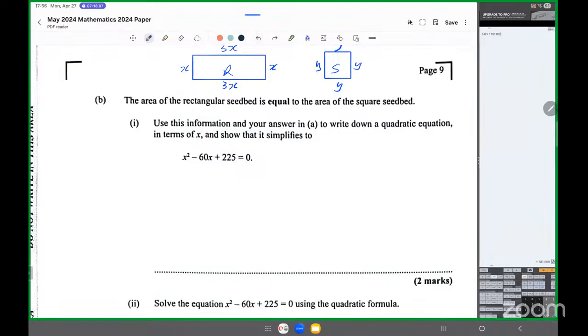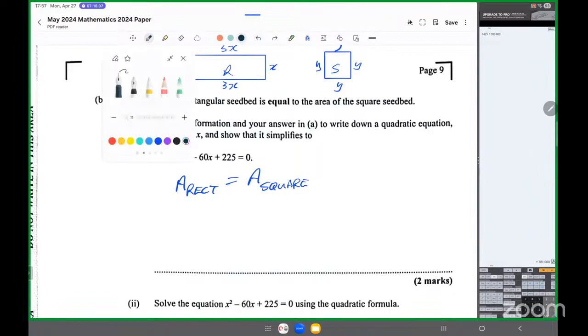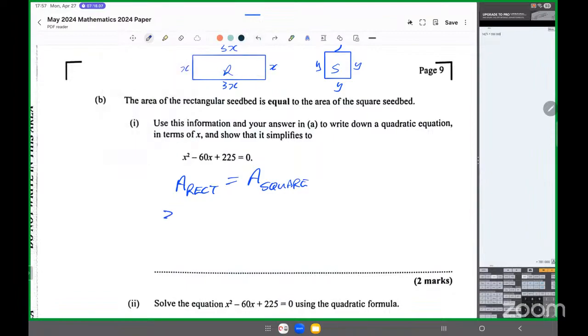So the area of the rectangle is equal to the area of the square. The area of the rectangle is 3x times x, and the area of the square is y times y, which is y squared.